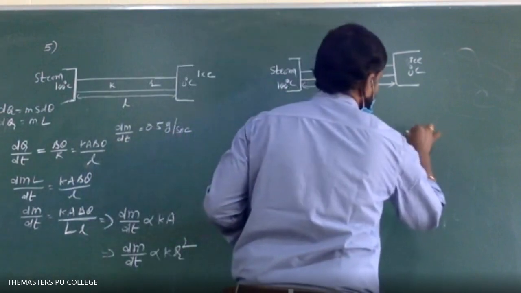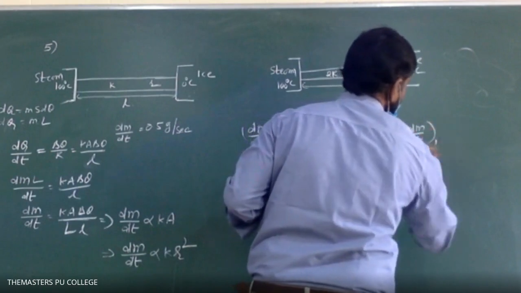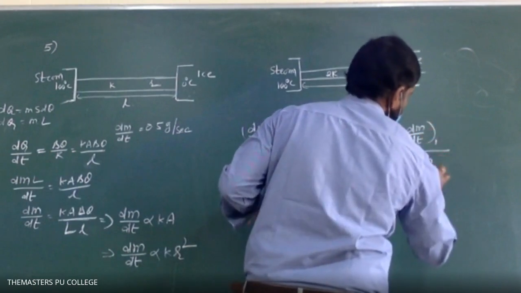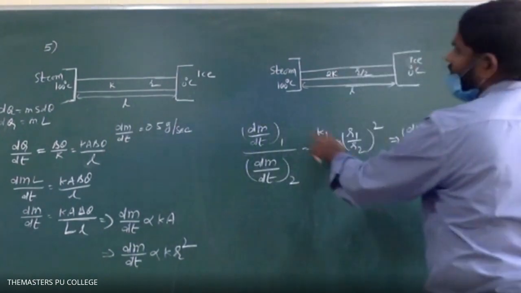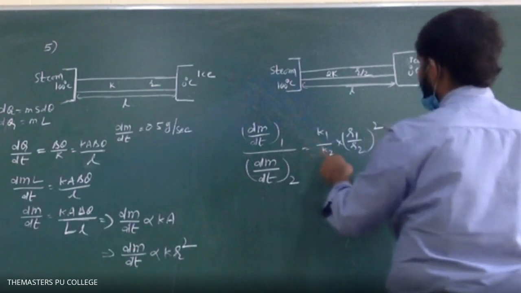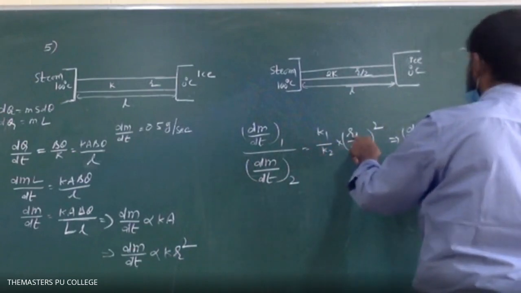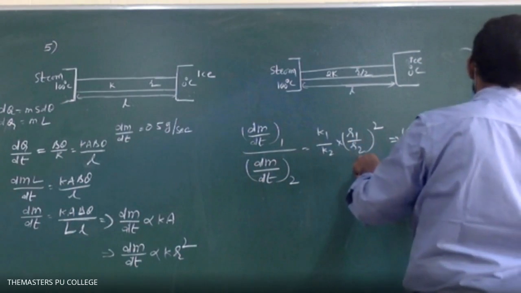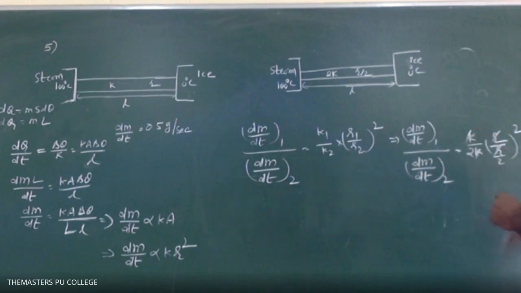Then we can write dm by dt across the first rod divided by dm by dt across the second one equals, k1 let it be k, k2 let it be 2k, r1 let it be r, r2 I can write r by 2, whole square. This k gets cancelled. Finally, 1 by 2 will be left. 2 will come into the numerator. 2 square we can write 4.